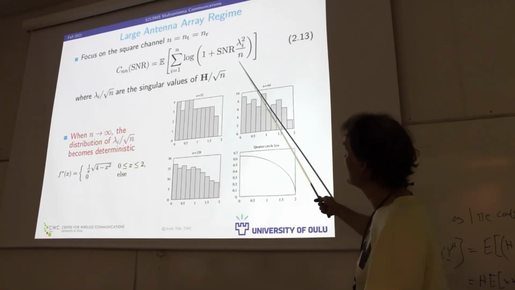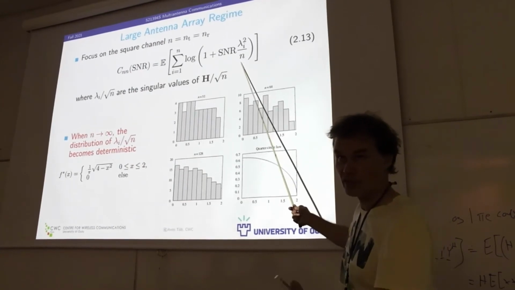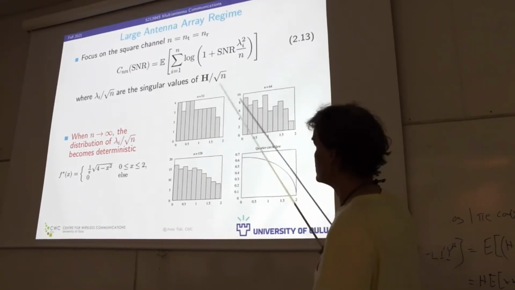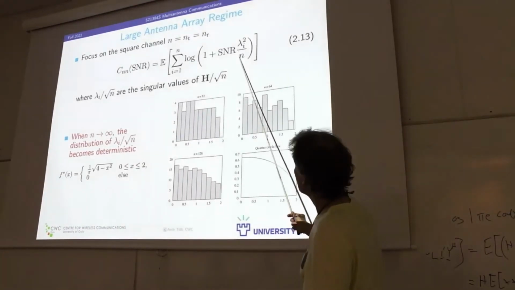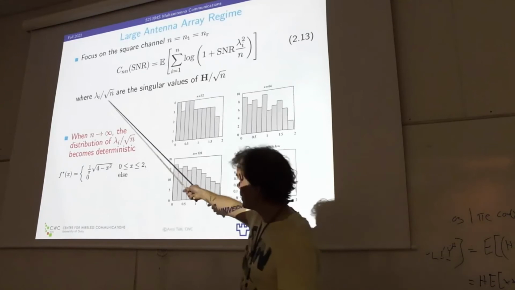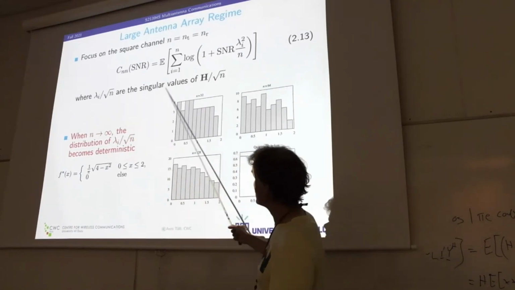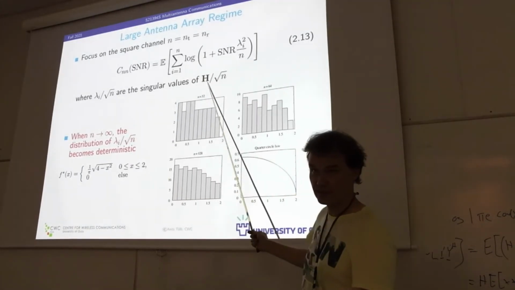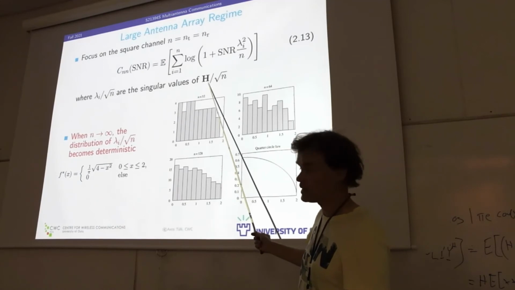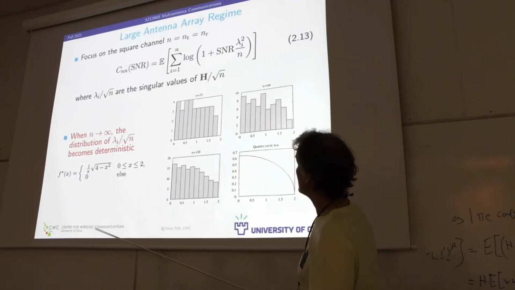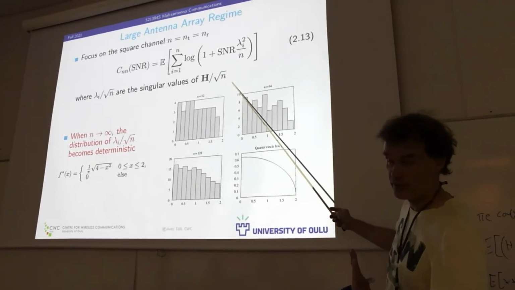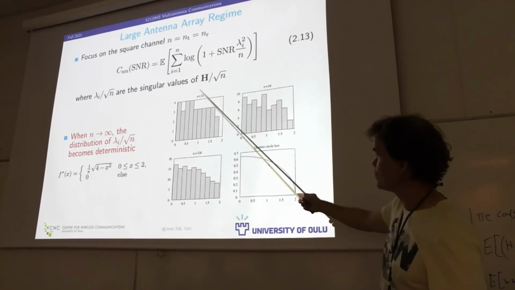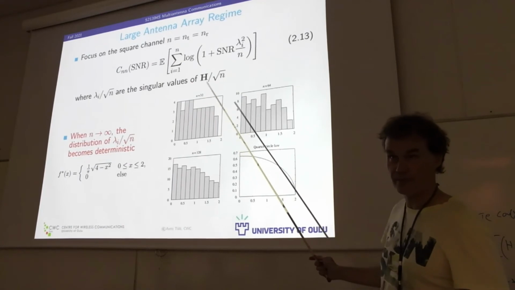But now we normalize it by n, so the trace does not increase. So you can also consider lambda over square root of n to be the singular value of the normalized matrix H. This is the other way of interpreting this. This is very important: we need to normalize the channel to be able to study its behavior in the limit.